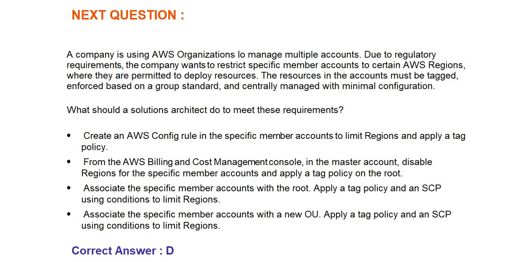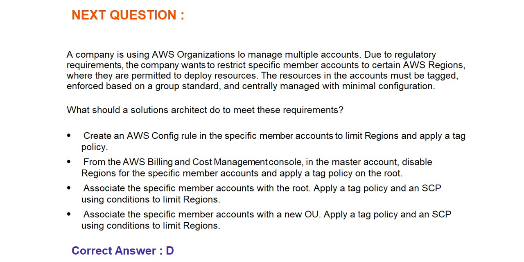Option A. Create an AWS Config rule in the specific member accounts to limit regions and apply a tag policy. Option B. From the AWS Billing and Cost Management console, in the master account, disable regions for the specific member accounts and apply a tag policy on the root.